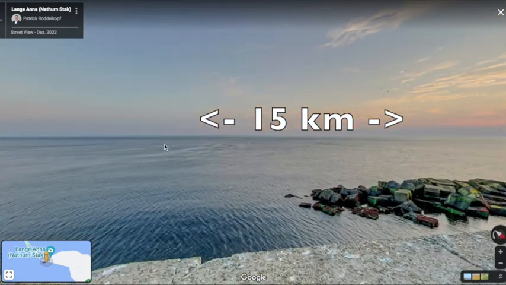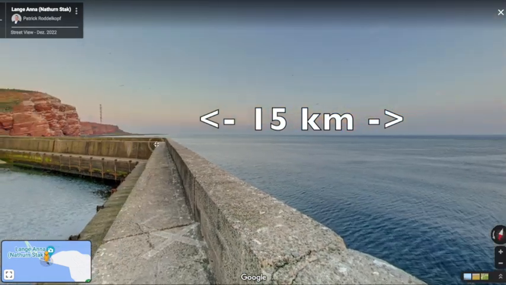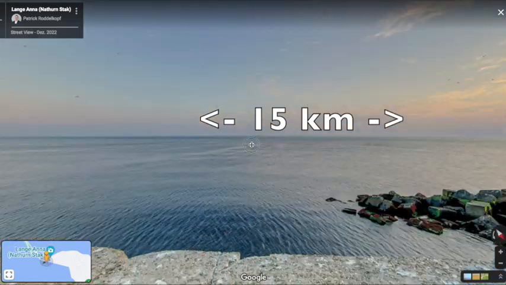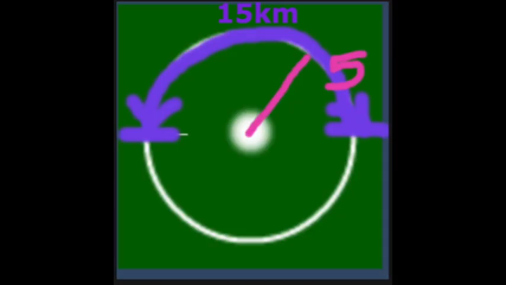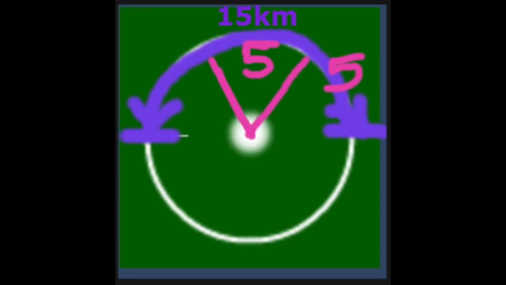So looking from the left to the right, it's 15 kilometers, and towards the horizon, it's 5 kilometers. So 5 kilometers fits into 15 kilometers 3 times, right? 3 times 5 is 15.